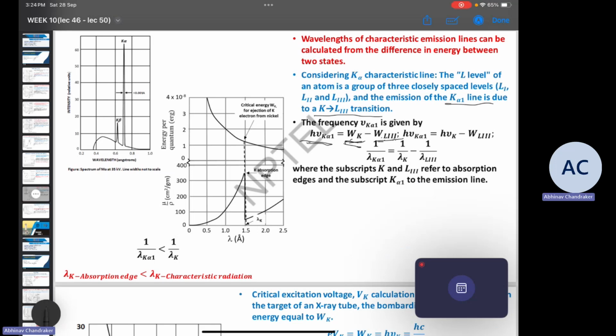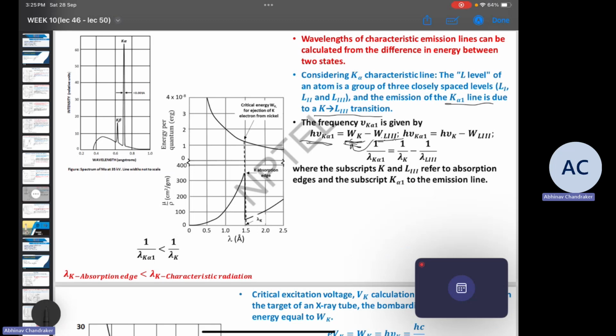So if an electron moves from an L3 level to the K level, then corresponding to this change in energy of the atom, there will be an X-ray that is generated.